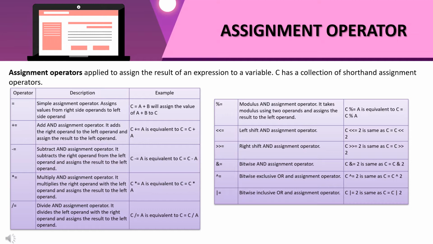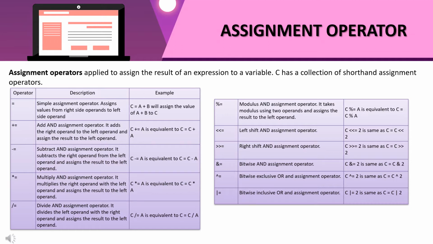Next comes the bitwise AND assignment operator. So C bitwise AND equal to Z is the same as C equal to C bitwise AND Z. Next comes the bitwise exclusive OR and assignment operator.